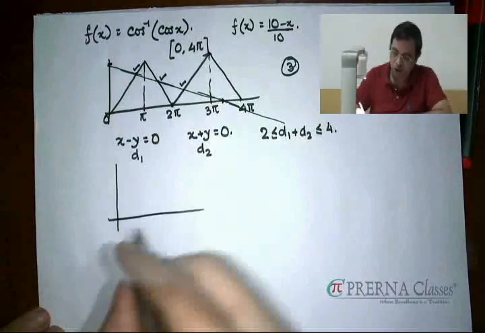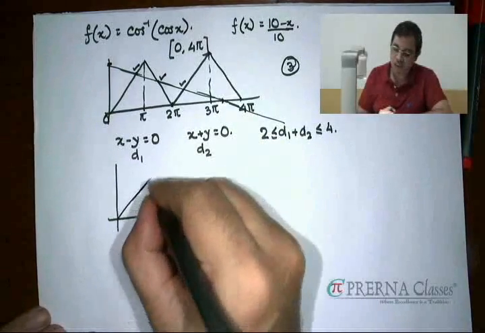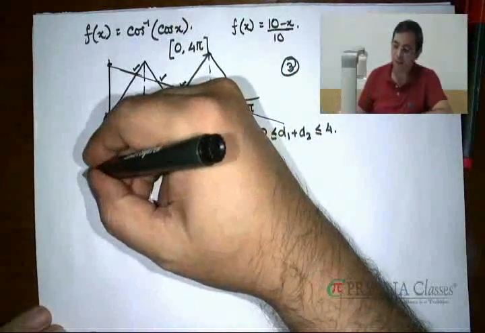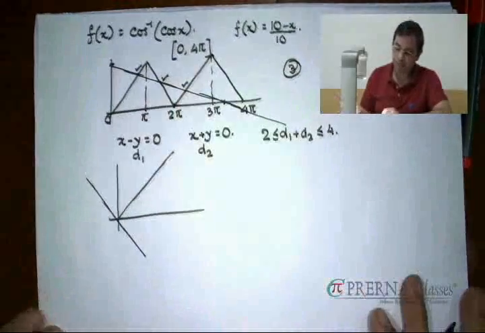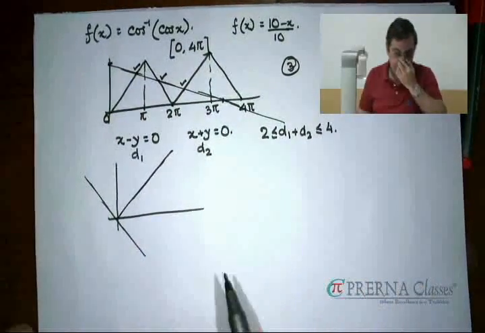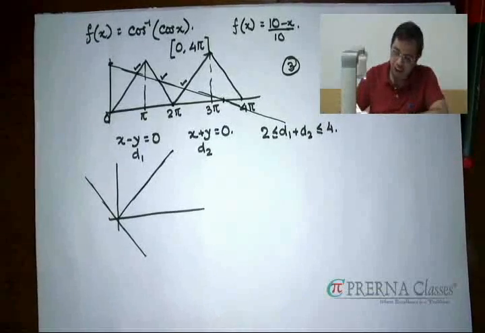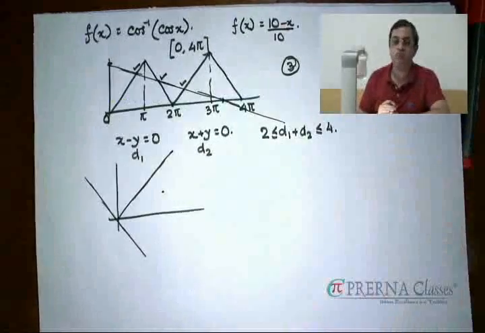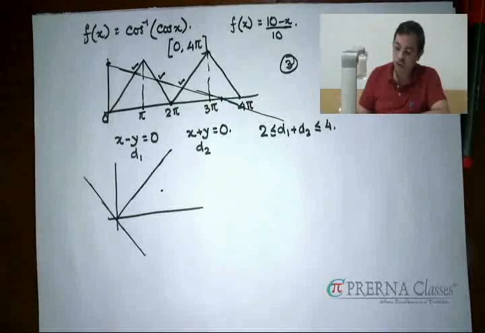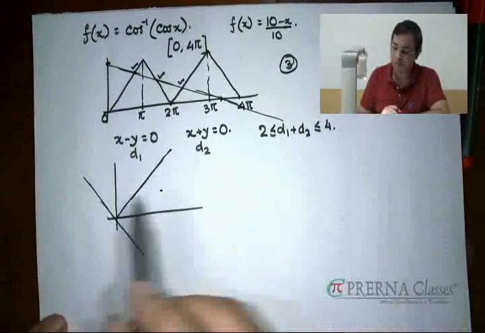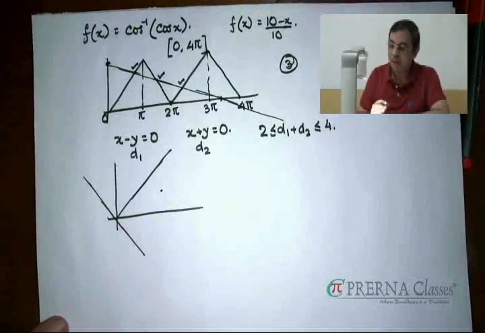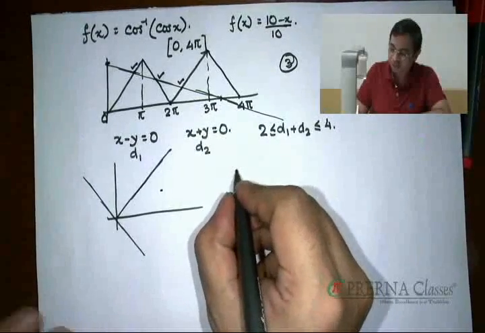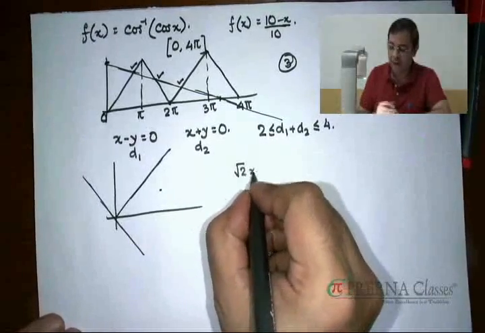If we consider in the first quadrant, the lines x minus y equal to 0 and x plus y equal to 0 give us regions like this. If I firstly consider the points which lie somewhere here, that is below the line x minus y equal to 0, and we are looking for the distance from this line and this line, that would turn out to be simply equal to root 2 times the distance x, or the x coordinate.